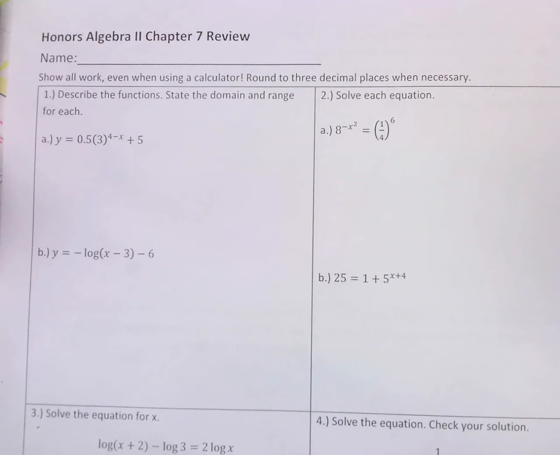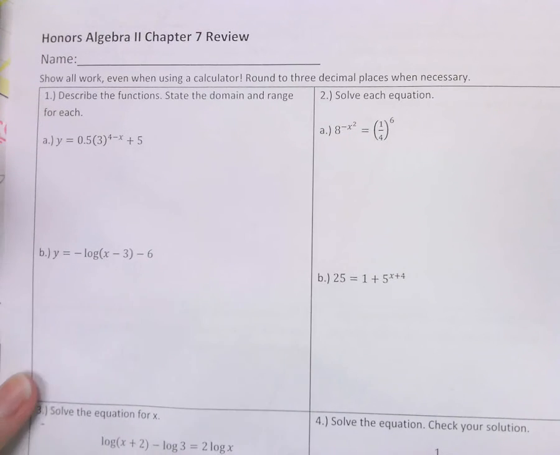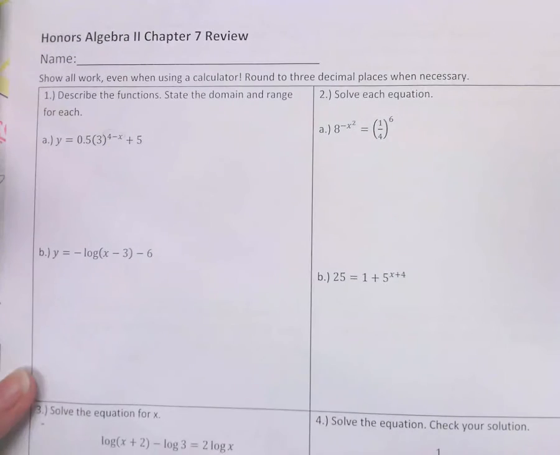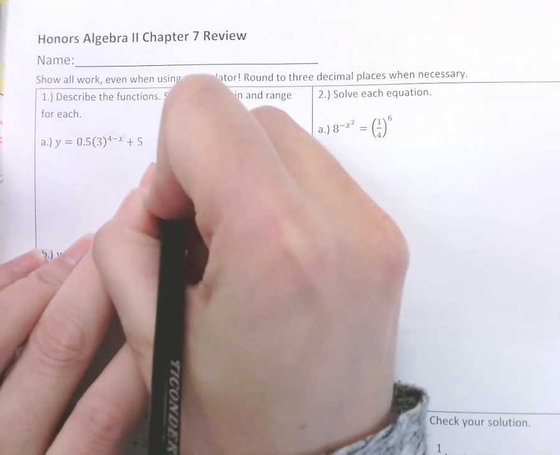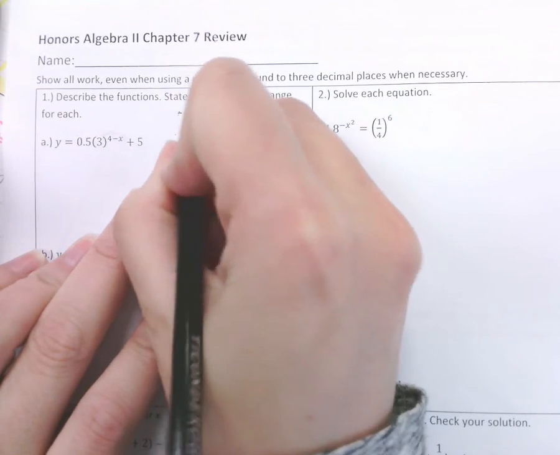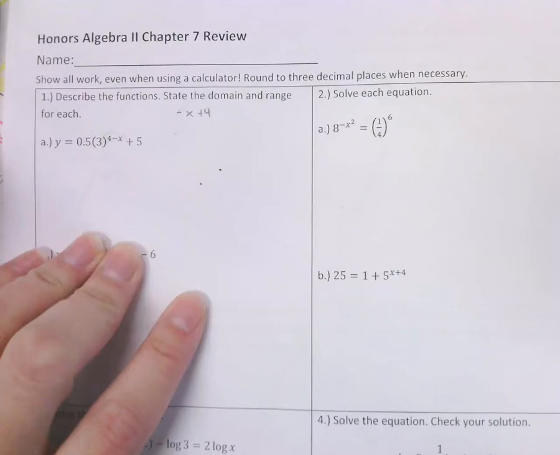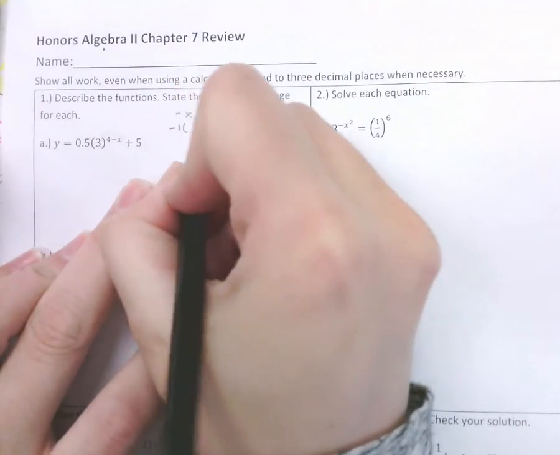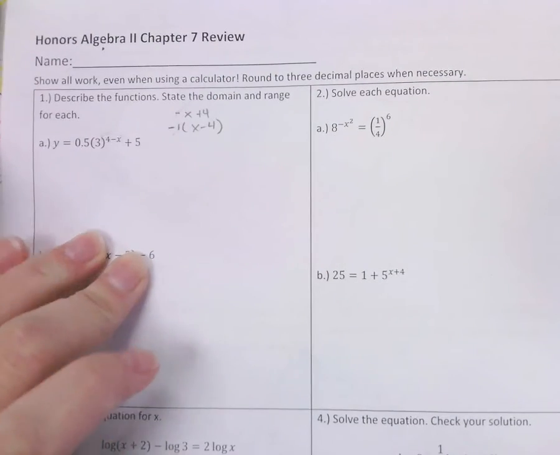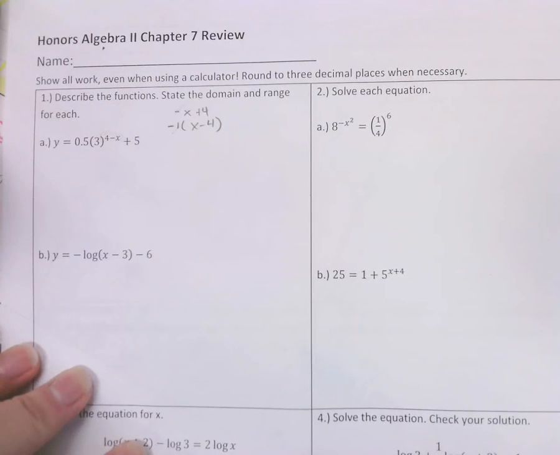Okay. For question number 1, we are describing the function: up, down, left, right, reflections, and then domain and range. For the first one, when you have an exponent that is backwards, you can rewrite that exponent as negative x plus 4, which can be rewritten with a negative 1 factored out, and then an x minus 4 inside that.